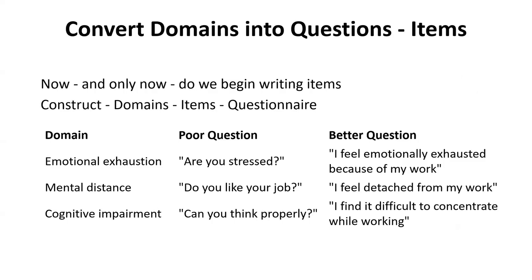So when you read literature and you decide, okay, I need to develop my own questionnaire, then you should know how to construct the items. Items means the questions. So before jotting down the items directly, you should ask yourself, does this construct contain many domains? For example, in burnout, there are multiple domains, like emotional exhaustion, mental distance, meaning detachment, and cognitive impairment, which is reported in literature.